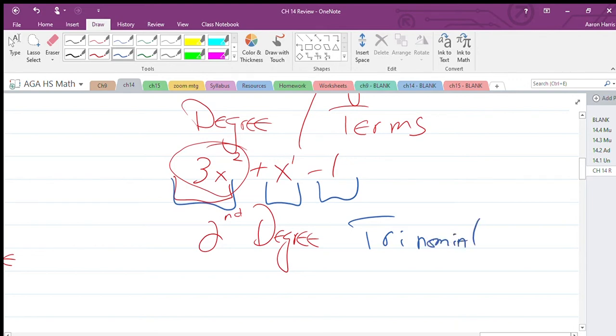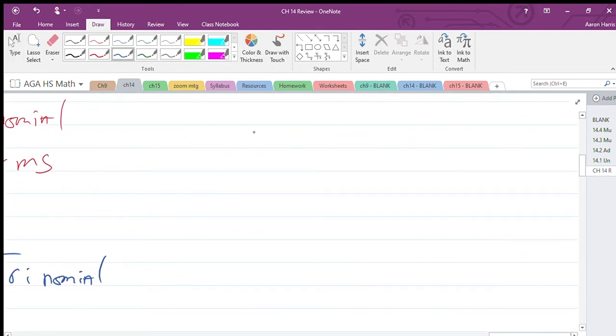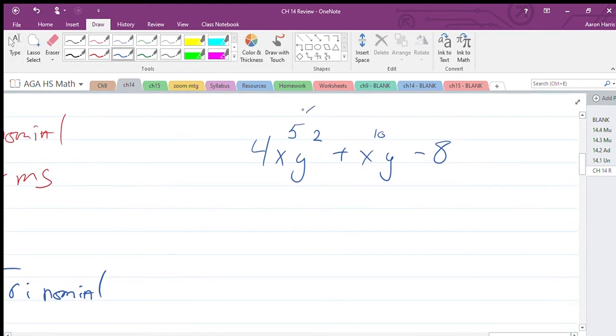Does that make sense? So if I have 4x to the 5th, y to the 2nd, plus x to the 10th, y minus 8. Well, here's 5 and 2, which gets me 7.